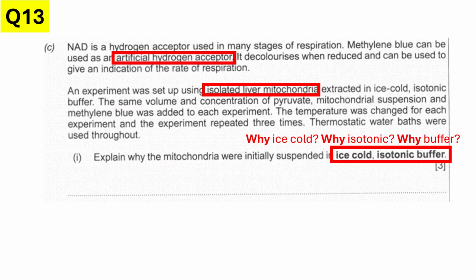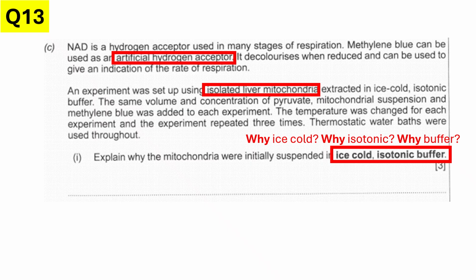Isotonic means the water potential of the matrix of the mitochondria will be the same or about the same as the water potential of the suspension liquid. So there's no water potential gradient between the liquid and the inside of the mitochondria. So there's no net osmosis. Therefore, the mitochondria can't take in water, so they don't swell and burst, or they don't lose water by osmosis, so they don't shrivel up due to that loss of water.